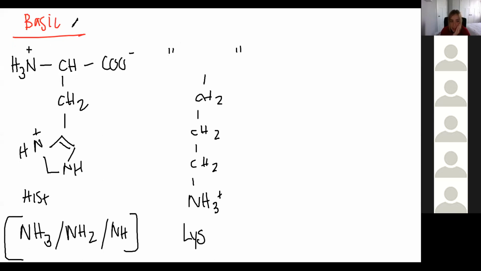And these basic amino acids, let me ask you, are these polar or non-polar? Non-polar is indicative that there's no electronegative atom available. Is there an electronegative atom still available on this molecule? Yes. What is it?